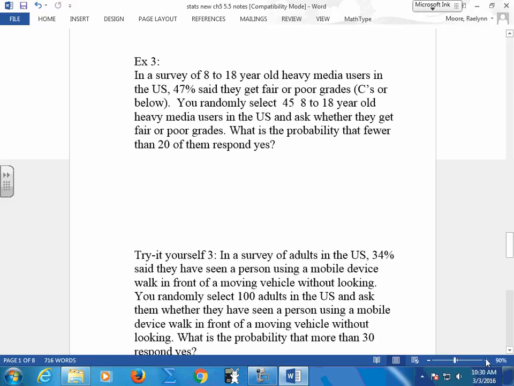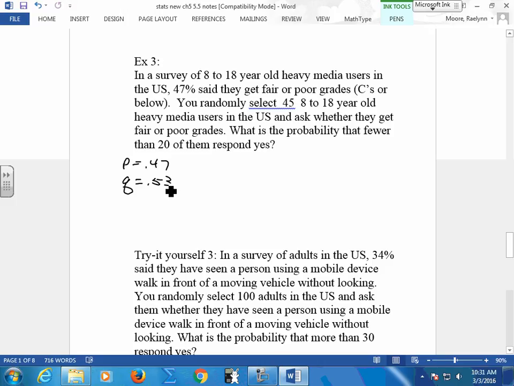It says, in a survey of 8 to 18-year-old heavy metal users, and we were asked before, did this work? This was from your other example, and we checked this already. We said yes, this is binomial, success 0.47, failure 1 minus that.